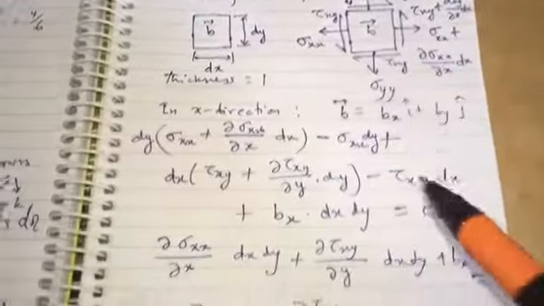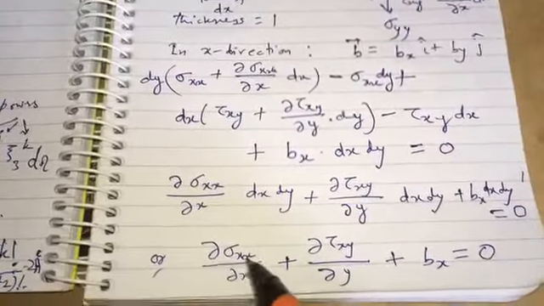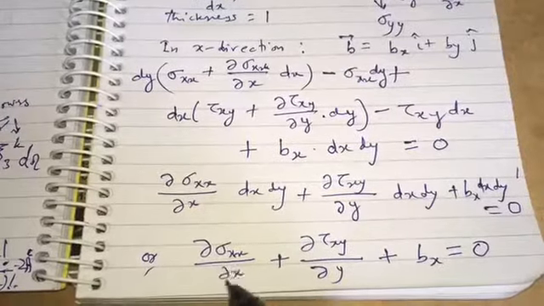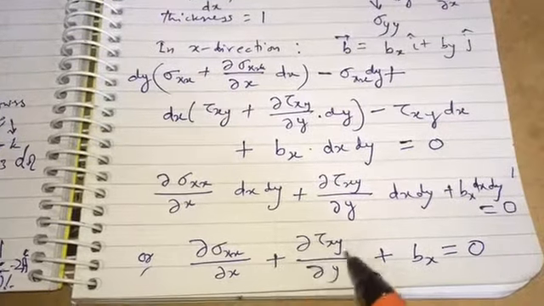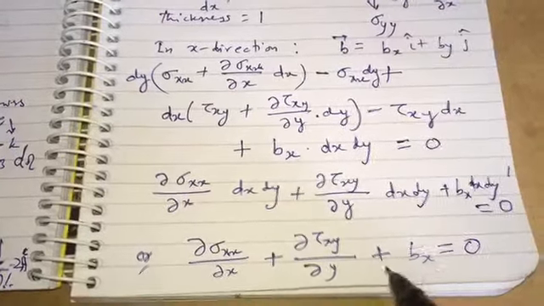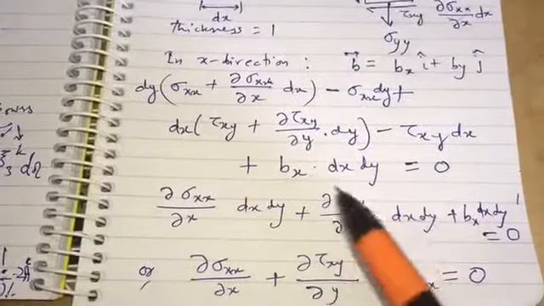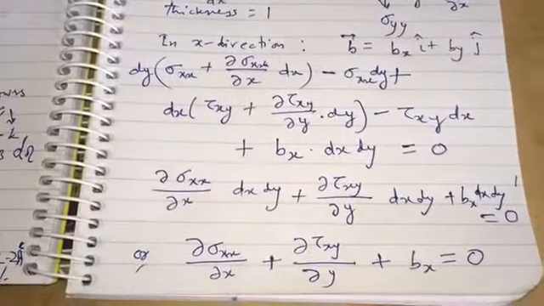Similarly, a similar analysis we can do in the y direction, and we will get del sigma yy over del y plus del tau xy over del x plus by equal to 0. So instead of deriving like this, we will just write this equation.